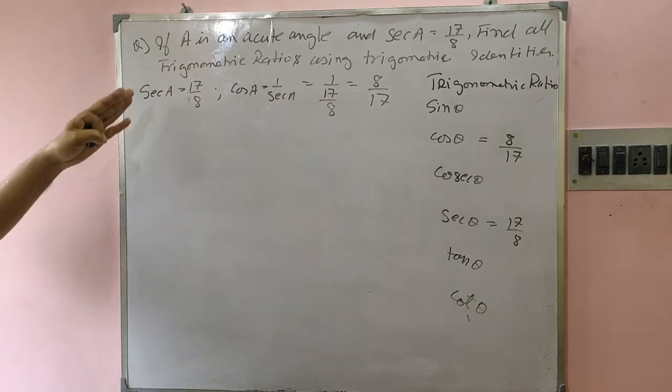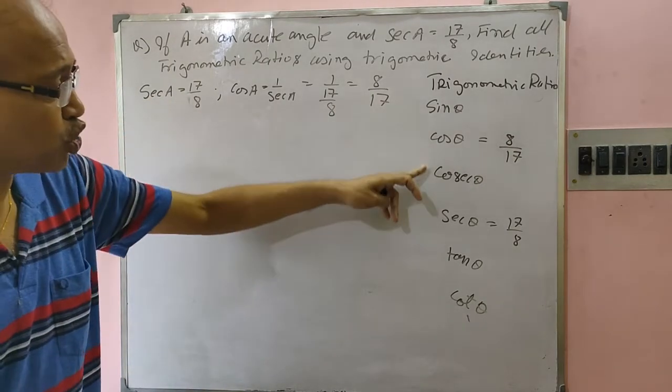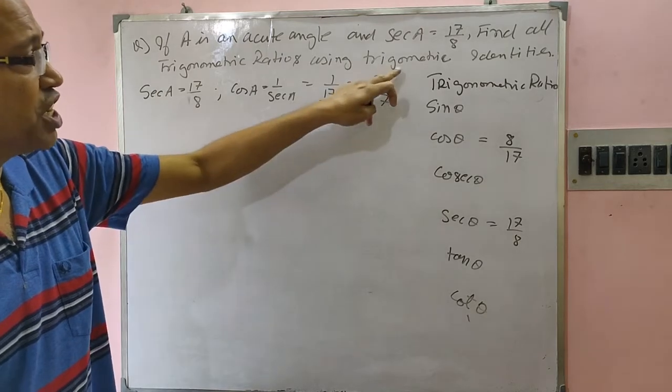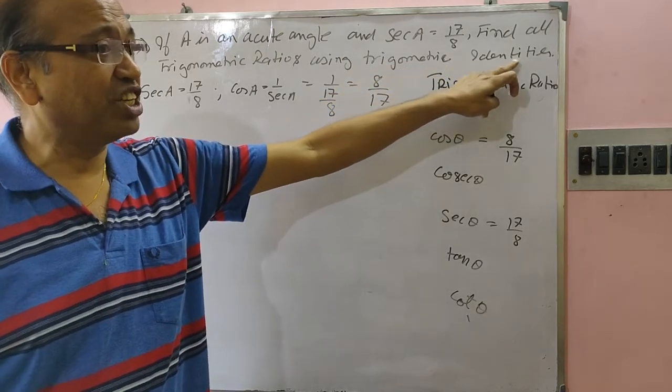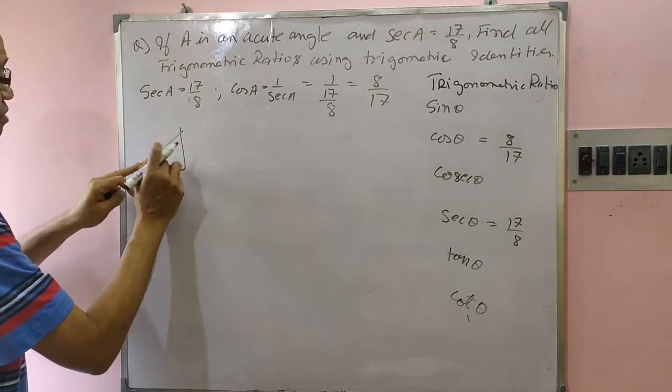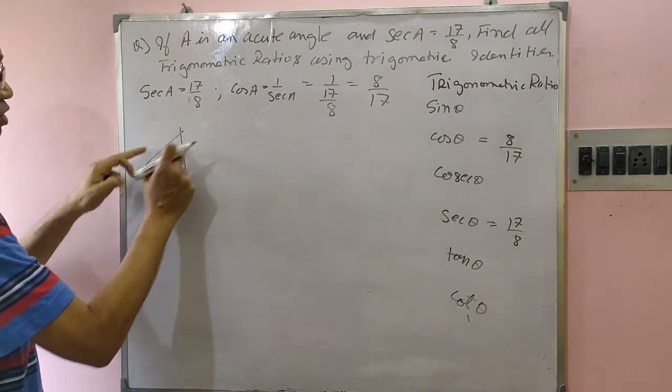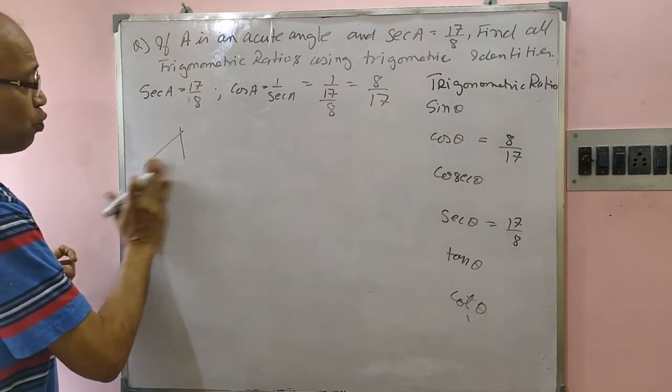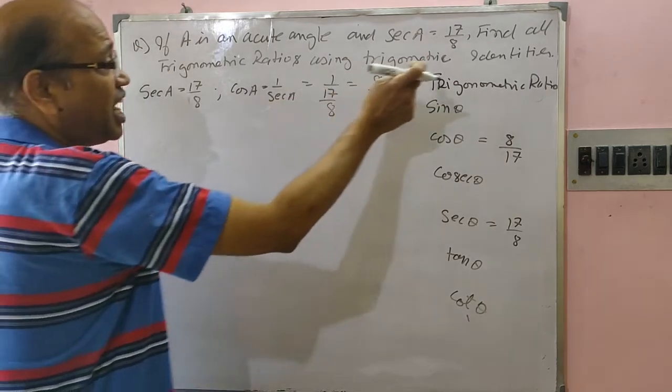Now we have to find the values of the others using trigonometric identities. Not like in class 9, where we drew a triangle, found the sides by Pythagoras theorem, and put in the various values. No, we have to use trigonometrical identities.